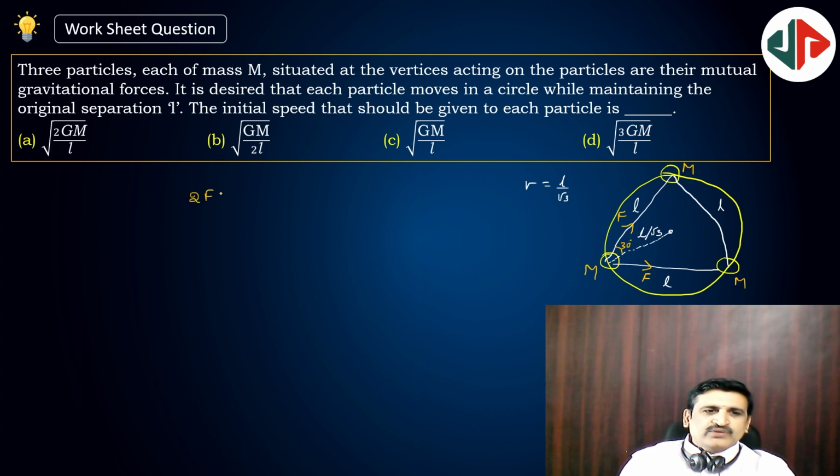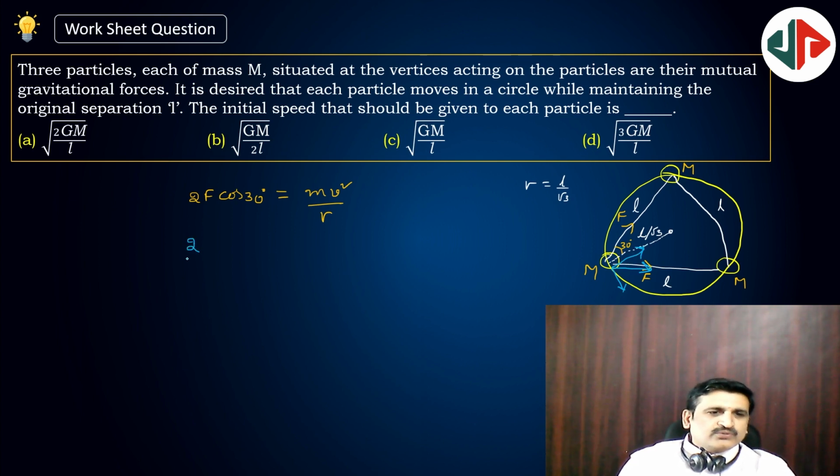So 2F cos 30 must supply the necessary centripetal force mv square by r. So I repeat, this force is resolved into two components, this way and this way. So this is F cos 30, that is also F cos 30. So total 2F cos 30.